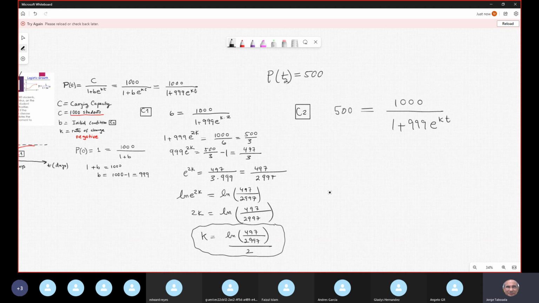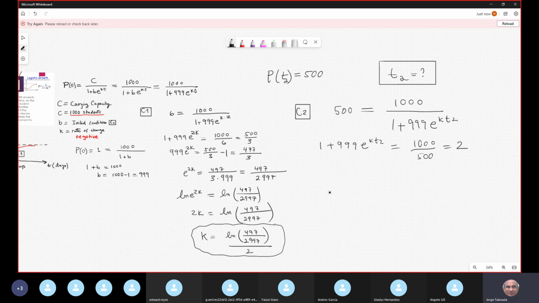So let's solve it now for t. My unknown is t2. I need to determine it because this disease spreads too fast. I need to apply directly, isolating the student term. Okay, now it's easy. Yes, we apply a similar idea. You put 1 plus 999 exponential kt, t2 of course, equal to 1,000 divided by 500.